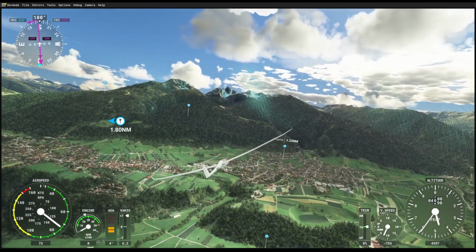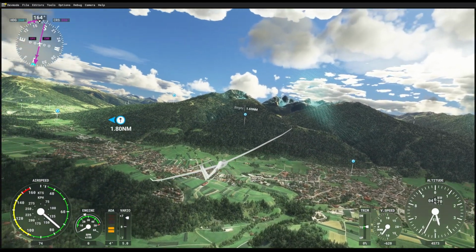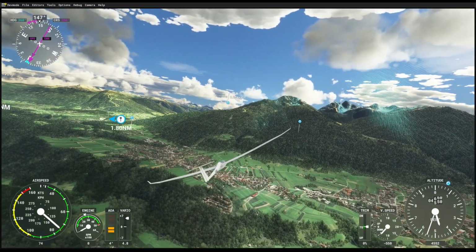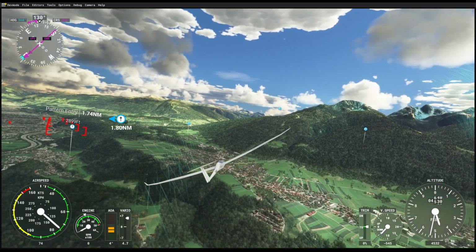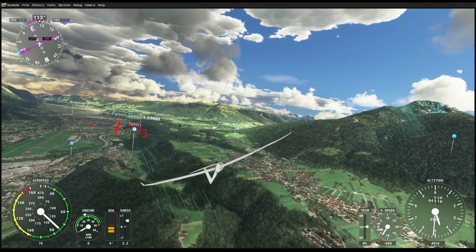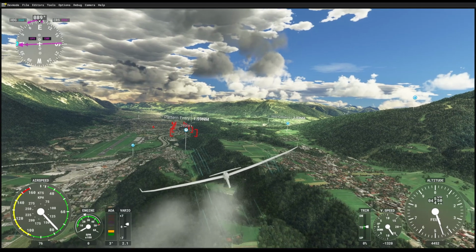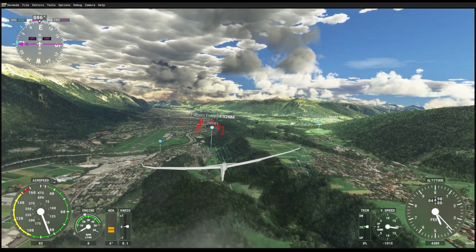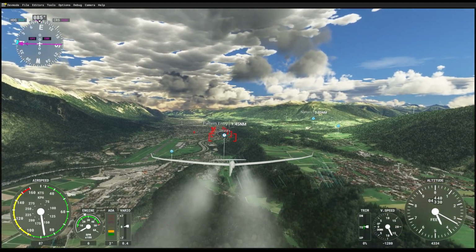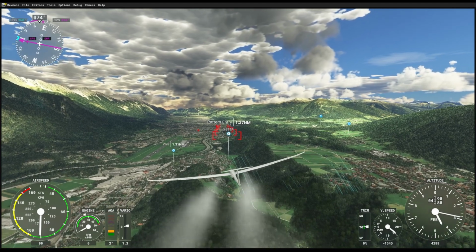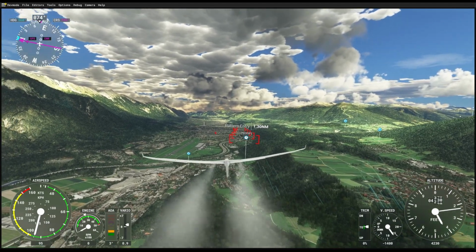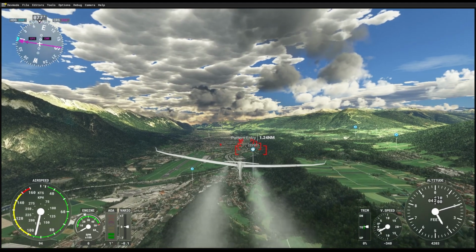Now turning back towards the airport, I have to take measures to prepare for landing. The first thing to do is to jettison the water ballast. The water ballast was there to help extend my glide ratio, but I no longer need it. I need to then also extend my landing gear. And finally, I'll enter a sideslip, a maneuver to fly sideways.